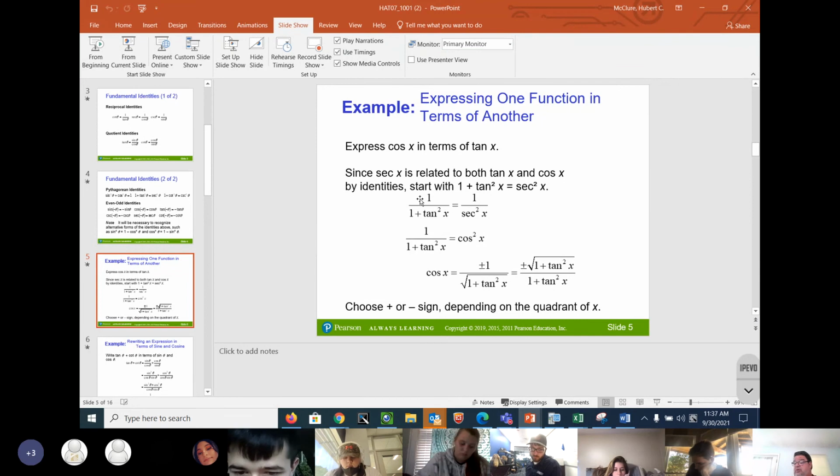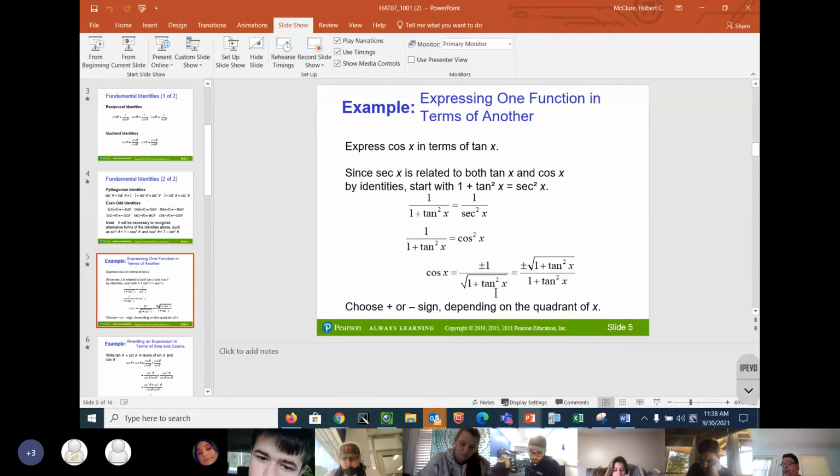And that's what I was saying. Cosine is equal to 1 over the secant. And secant squared is equal to 1 plus tangent squared. So that would be 1 over the square root of 1 plus tangent squared. And that's where they get that from. See? Cosine is equal to 1 over the secant. And then you rationalize the denominator.